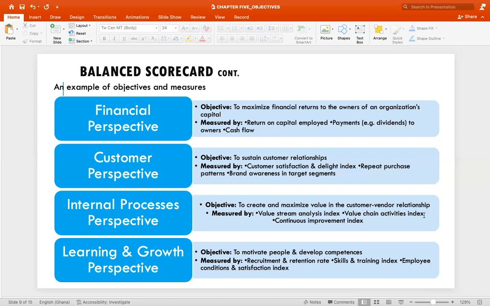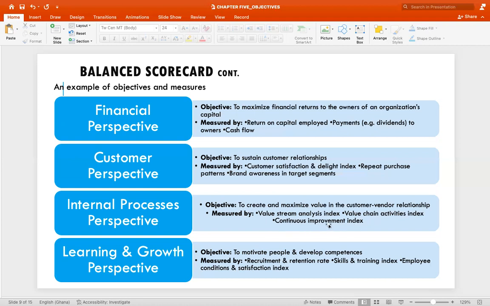When it comes to the production, or transformation, are you wasting? Do you have top-notch technology to be able to do the transformation and provide quality that your customers or consumers will appreciate, and so on and so forth? So the value chain activities will help you to improve your internal processes.